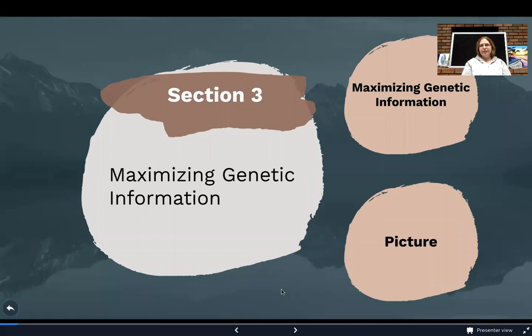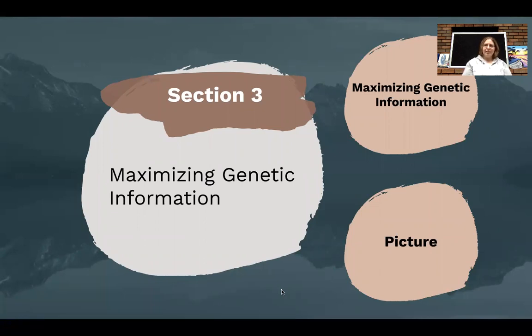So, maximizing genetic information. Again, we've already kind of talked about this, but as we said, most of your DNA doesn't actually code for proteins. So for the small amount that does code for proteins, we have to be able to get as many possible proteins out of it.